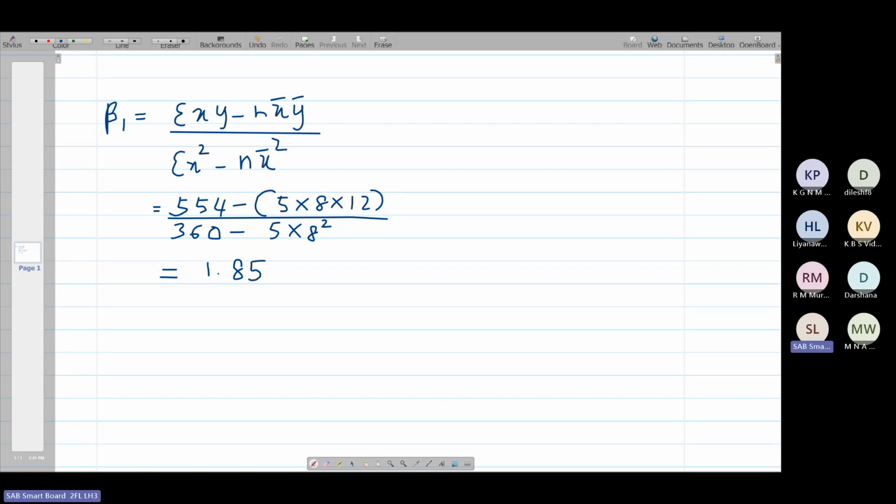Always find beta 1 first, because when we calculate beta naught we need the value of beta 1.